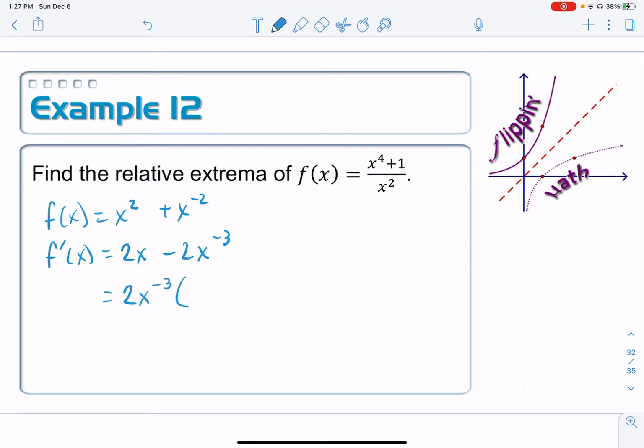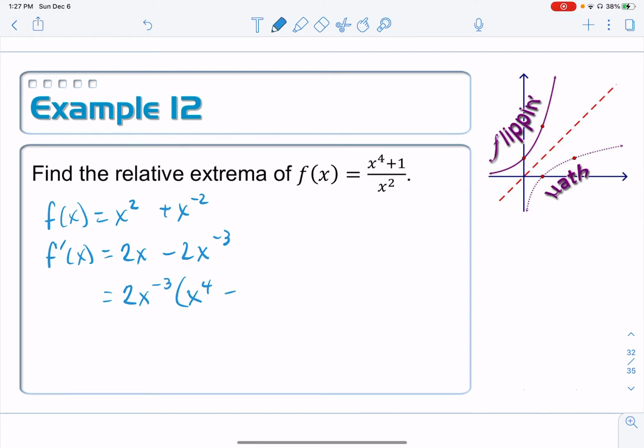Okay, and then if I were to divide 2x by 2x to the -3, of course the 2's will cancel. This is 1 minus a -3, which makes x to the fourth. Right? And then, of course, you could distribute that to make sure that that makes sense. X to the fourth times 2x to the -3rd is going to make 2x to the first power. Yes? Okay.